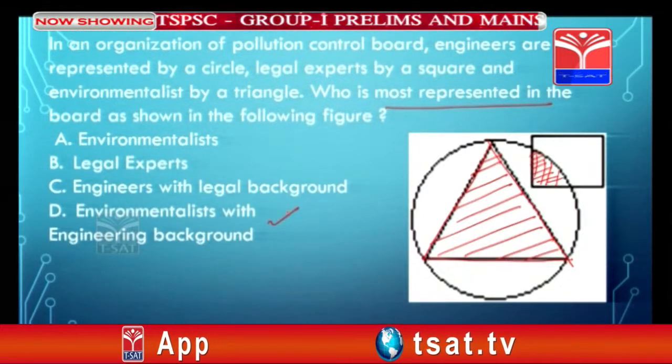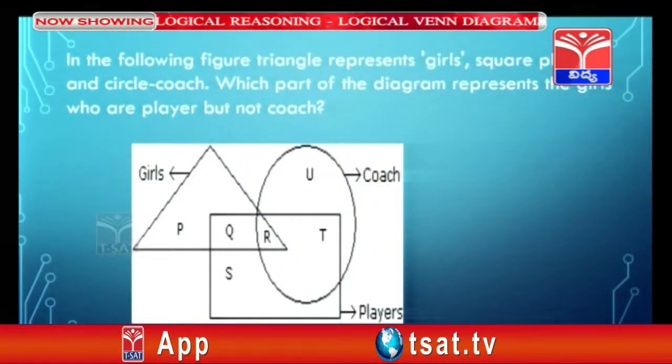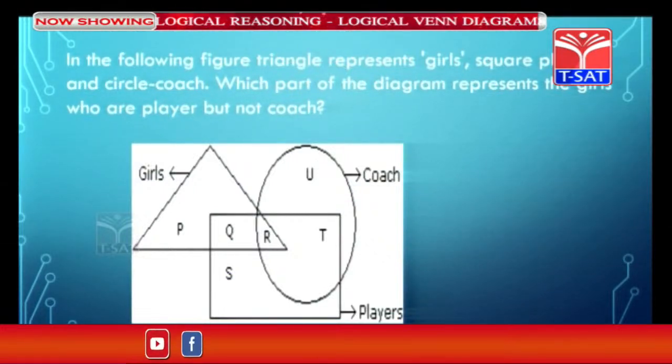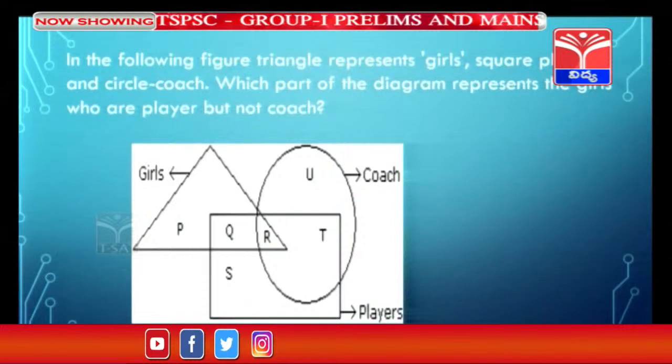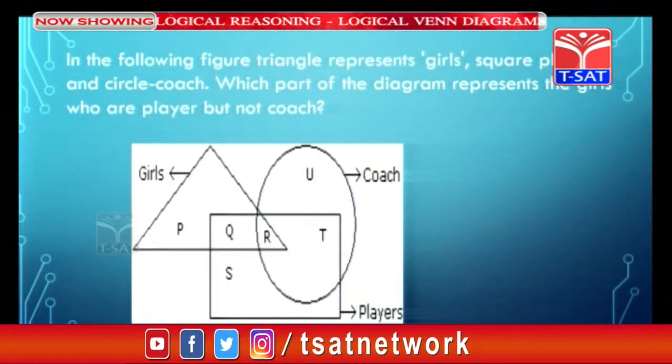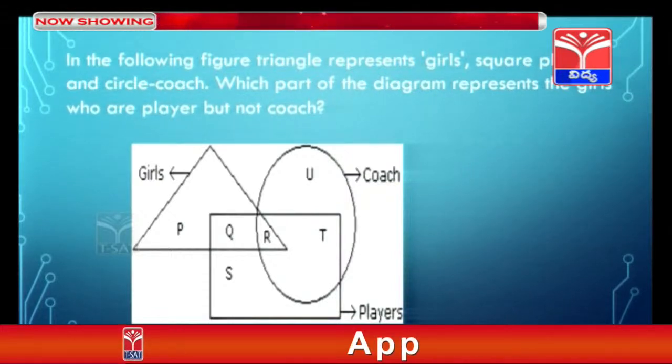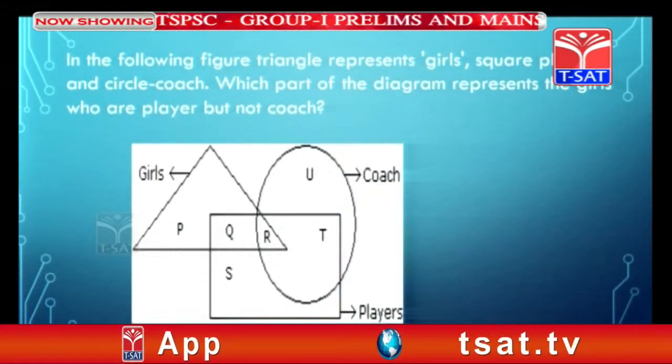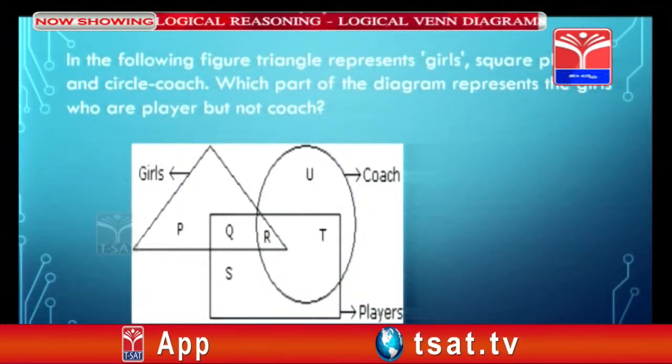Okay. Now, we will see another one. In the following figure, triangle represents girls, square represents players, and circle represents coach. Which part of the diagram represents girls who are players but not coach?